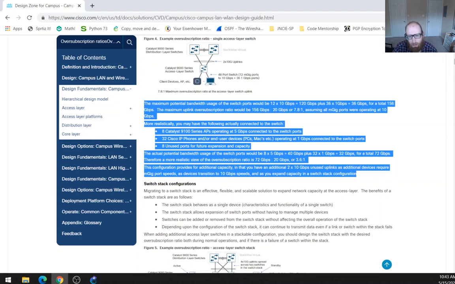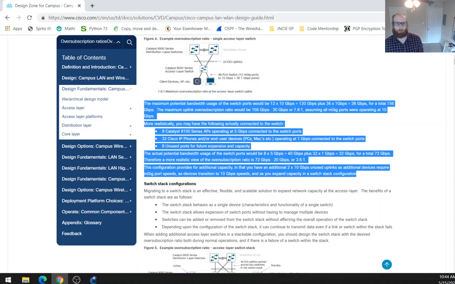The maximum uplink oversubscription ratio would be 156 gigabits per second over 20 gigabits per second, or 7.8 to 1, assuming all multi-gig ports were operating at 10 gigabits per second. More realistically, you may have the following actually connected to the switch: 8 Catalyst 9100 series access points operating at 5 gigabits per second connected to the switch ports.